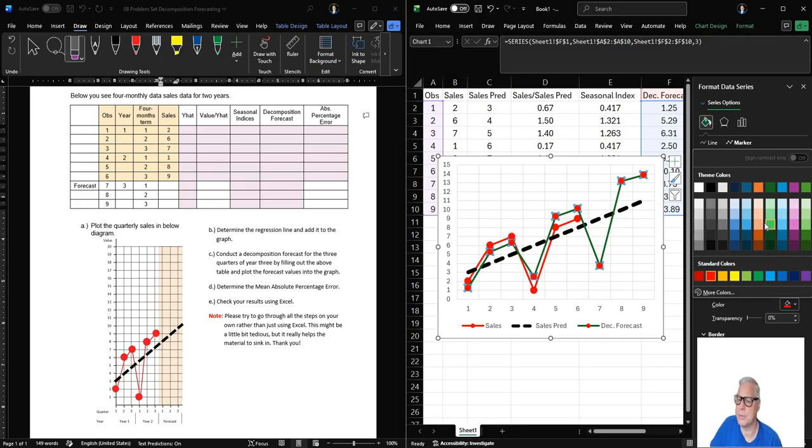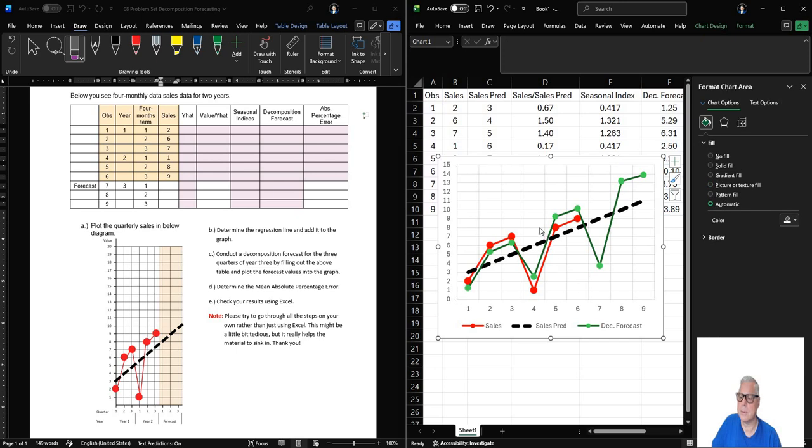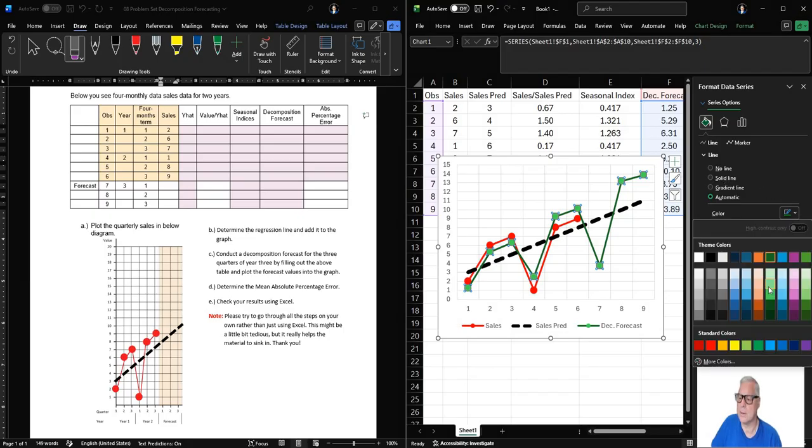Let's do some green, and the line, automatic color.